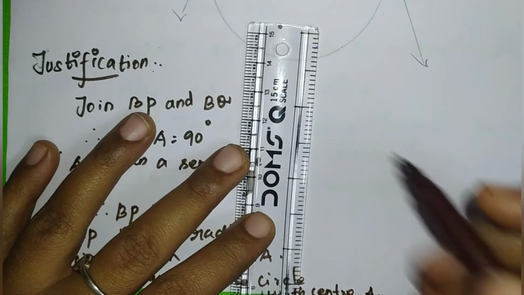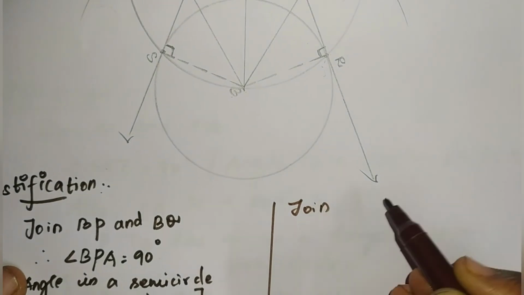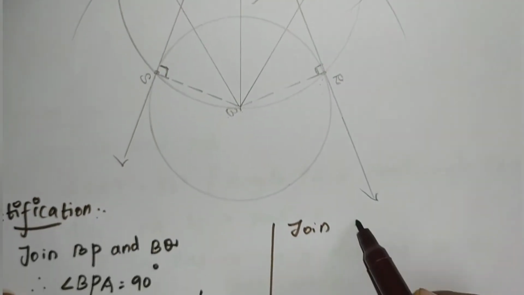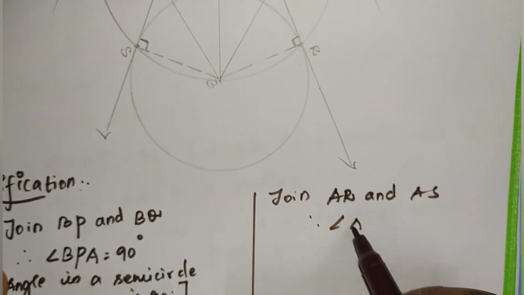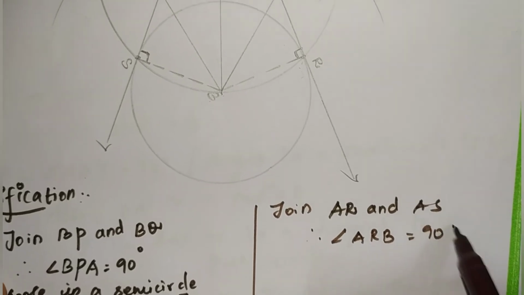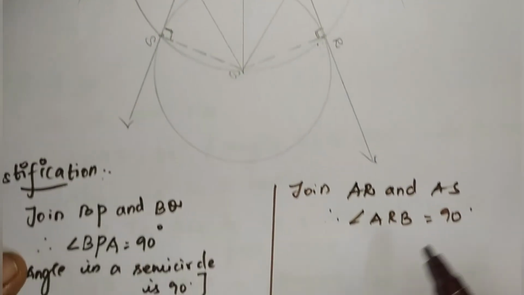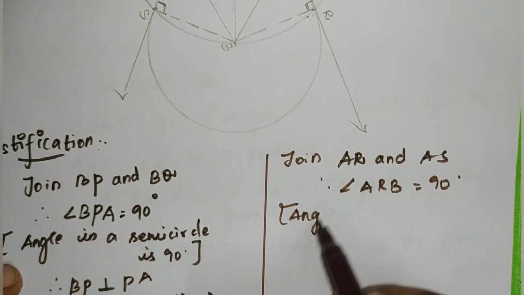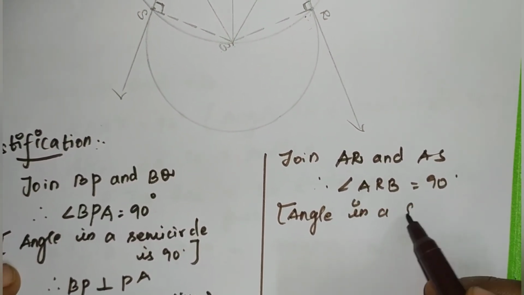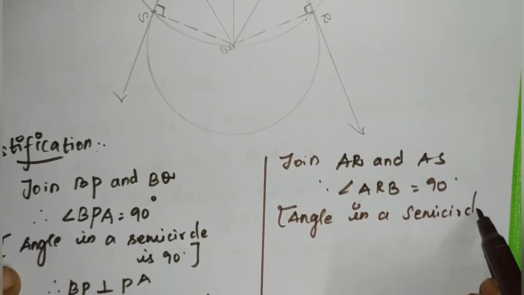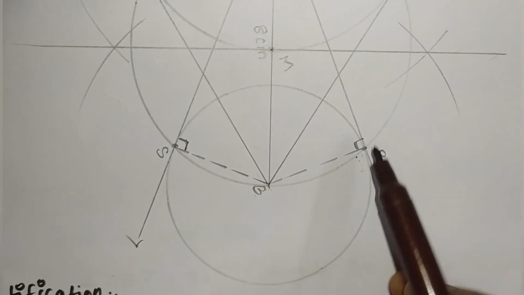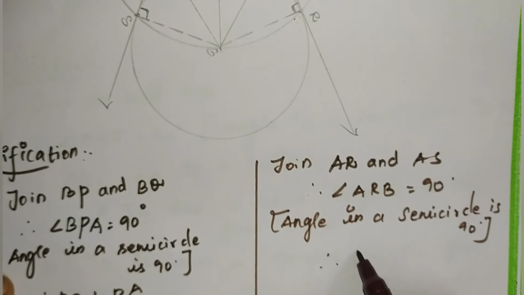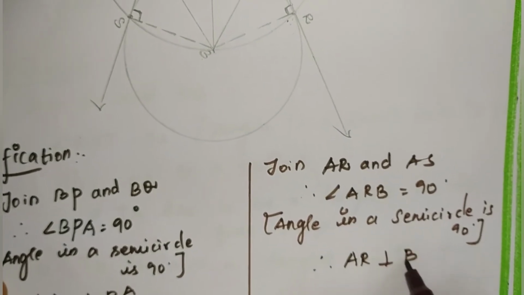Clear? So now the other side. Join AR and AS. Angle ARB is equal to 90 degree. Why? Because angle in a semicircle is 90 degree. Therefore, BR is perpendicular to RA, AR is perpendicular to BR.